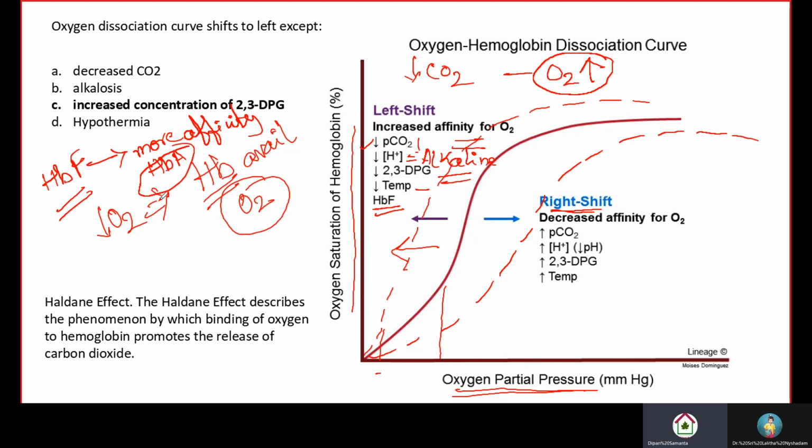That's why with less partial pressure of oxygen it tends to bind to hemoglobin more easily. In that way this physiology is made. Okay, so this is the left shift and right shift. Very important question for FMGE.